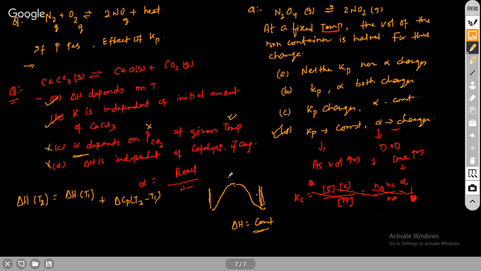Which one? Which one, Ritik? Now I'll discuss one small concept of buffer solution in ionic equilibrium.